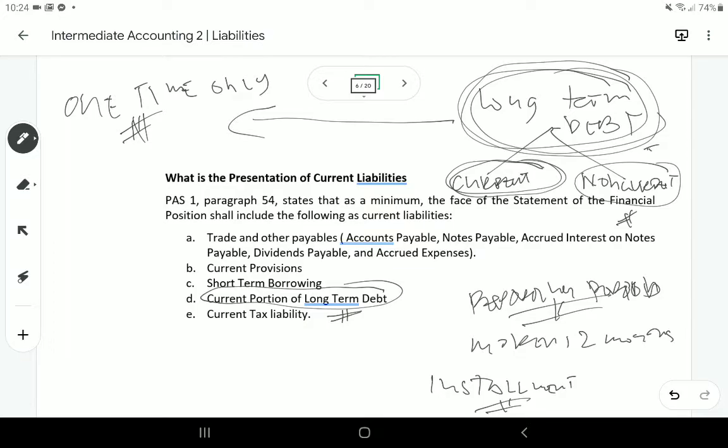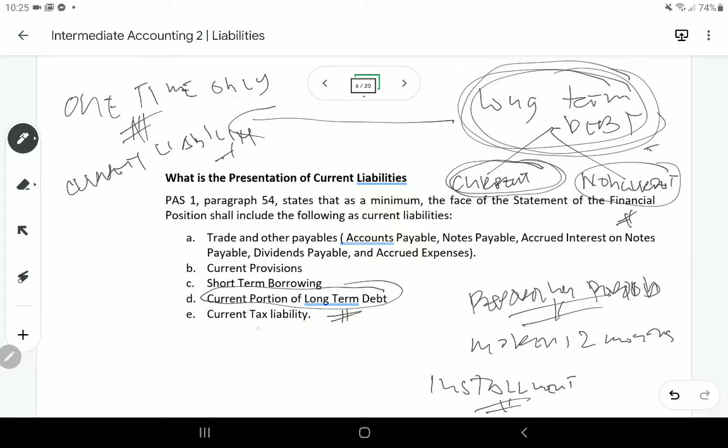However, if the term of that long-term debt is now 12 months or shorter from the reporting date, then it is to be presented as current liability. Okay? That is clear, guys.